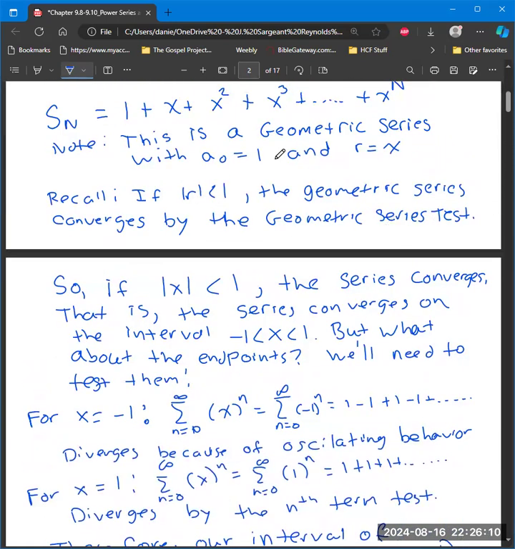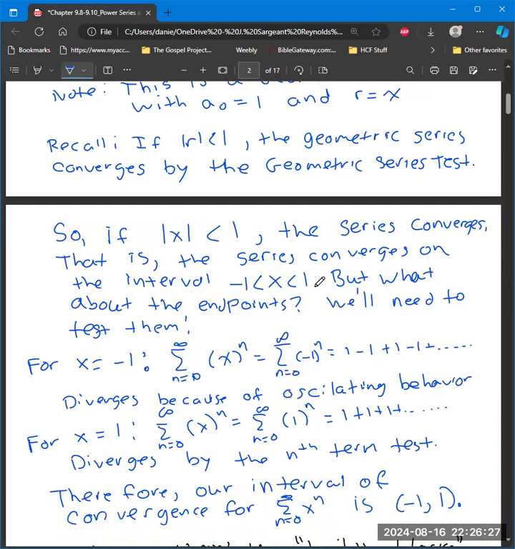So if we replace r with x here, the absolute value of x is less than 1, the series will converge. That is, the series converges on the interval from -1 is less than x is less than 1, or x is between -1 and 1 not included.